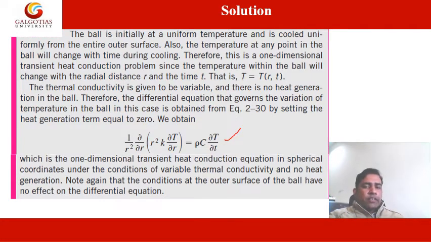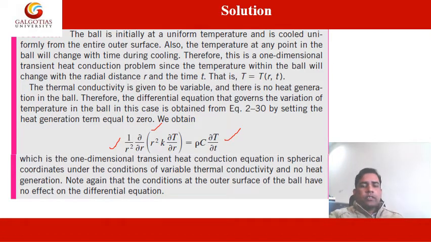Okay, and in this case, since heat generation is 0, the heat generation term will be eliminated, and only these two terms, the temperature variation with respect to time and temperature variation across the radius of the sphere, or the ball, will be taken into account.